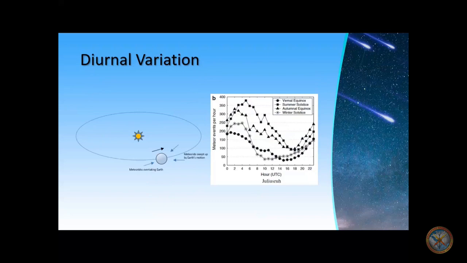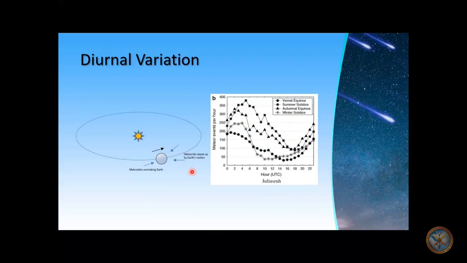They don't come regularly, so there is a variation in the day. There's more in the morning, as the Earth rotates around the Sun and rotates itself. You've got the noon side here, and this is then the morning side.